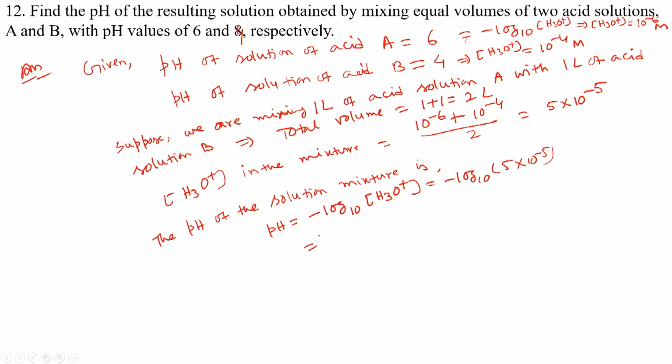So if we do it, we get 4.3. So pH of the resulting solution is 4.3, not 5 here.